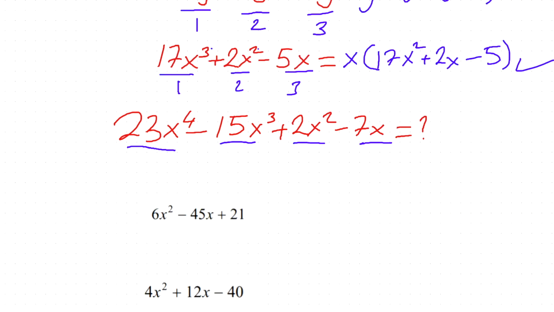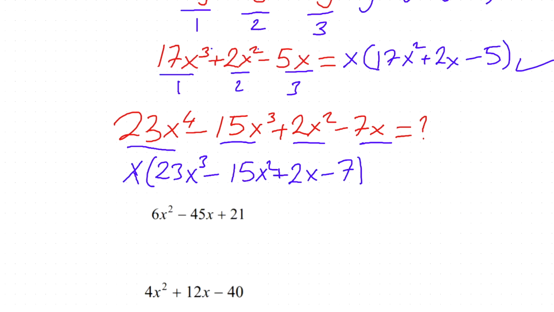So x is common in all of these. We'll just put the x in here: 23x to the power of 3 minus 15x squared plus 2x minus 7. This is your final answer.